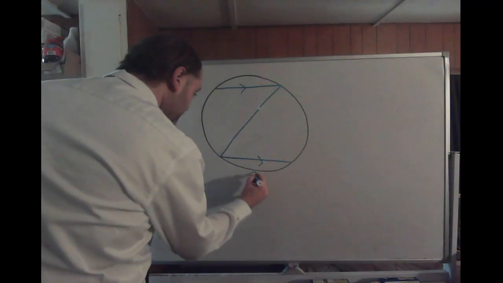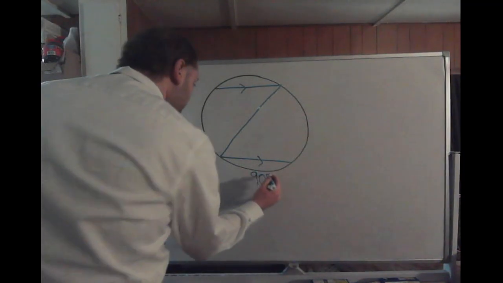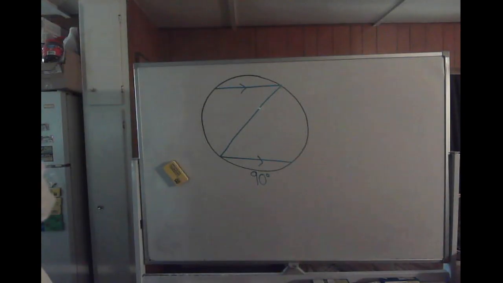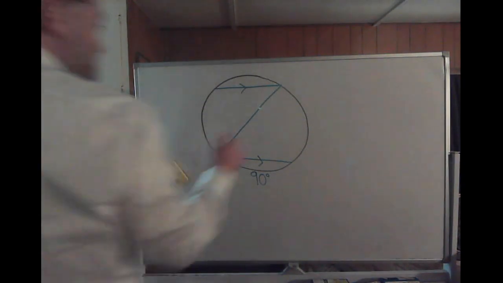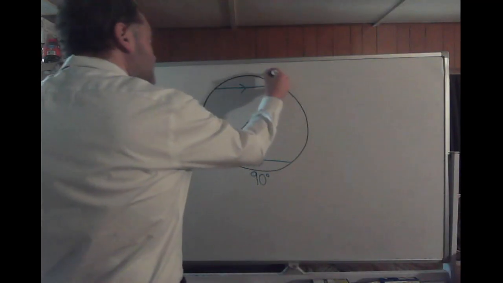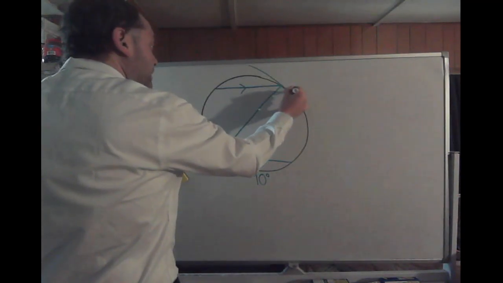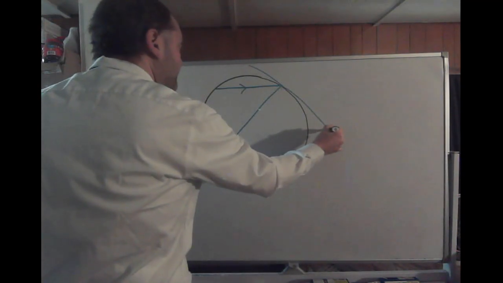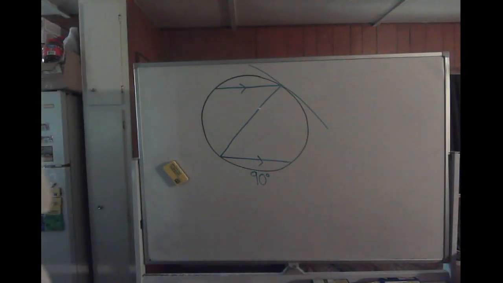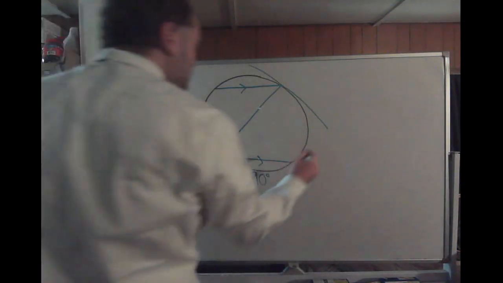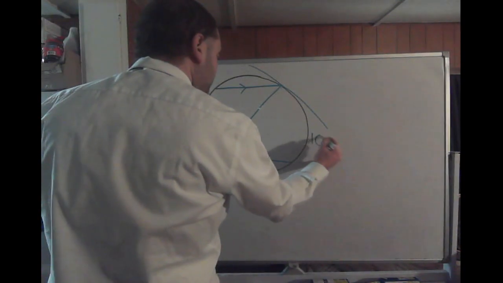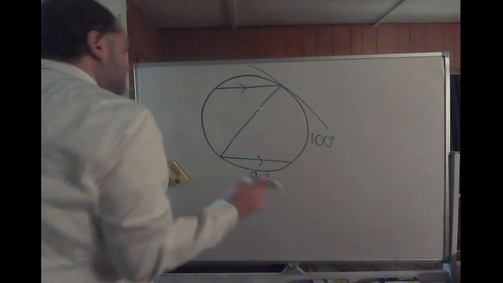This is 90 degrees here, this arc. Oh, I almost forgot a critical piece. That there's a tangent line right through here. There we go. This arc is 100. I know it's slightly misrepresented.